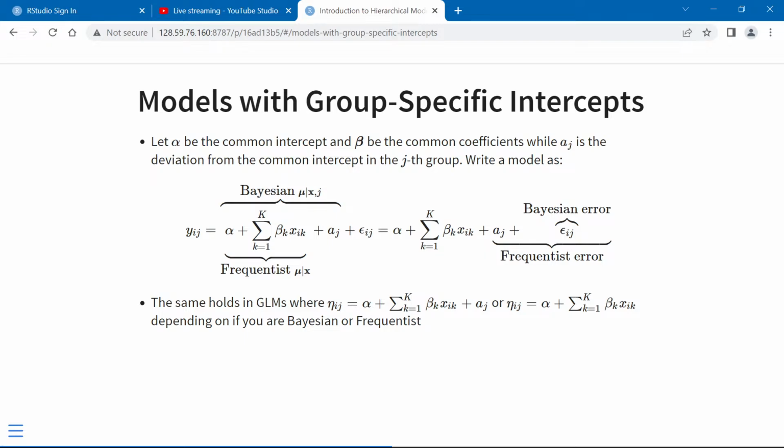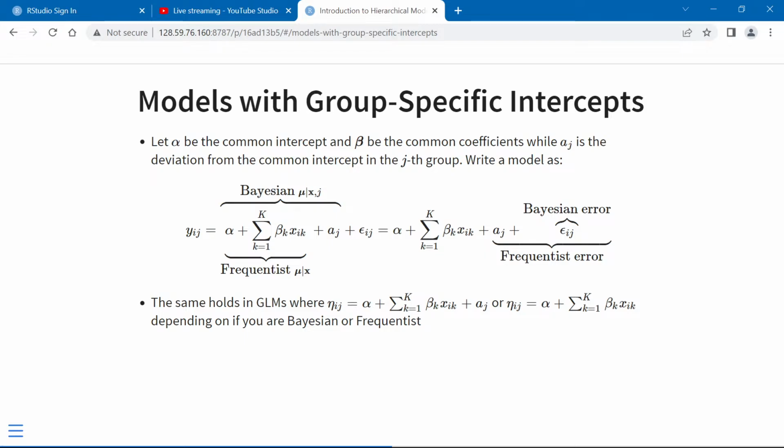So this is the conditional expectation of mu given x and the grouping structure. And then epsilon is what falls outside the conditional expectation. That is the random error noise for the ith person within the j'th group. And that's basically a regular sort of error term from a Bayesian perspective.